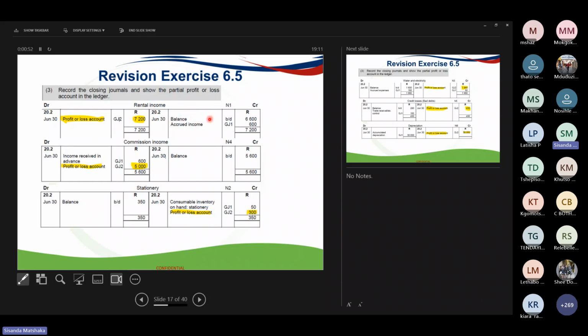That's why the balance brought down is on the credit side. Then in the question, we had an adjustment whereby we had to accrue for an additional month. So we were adding to the income, which resulted in us adding the 600 Rand to the 6.6, right?